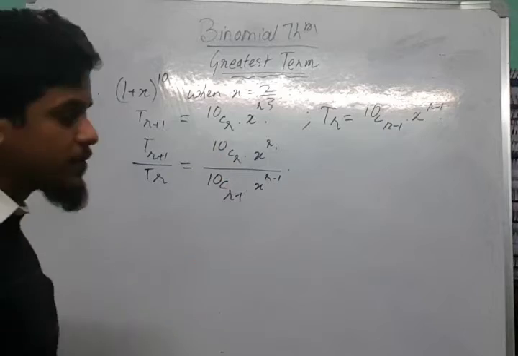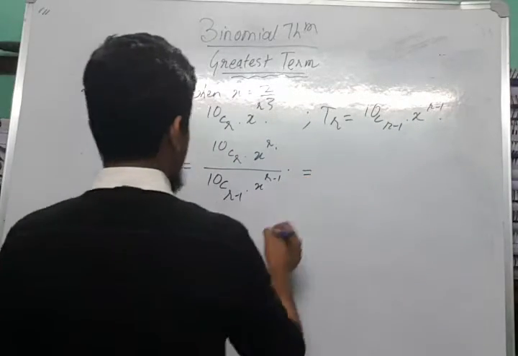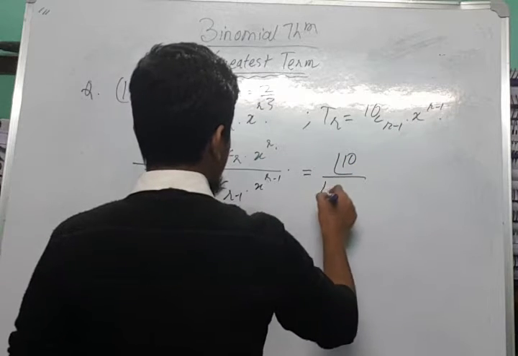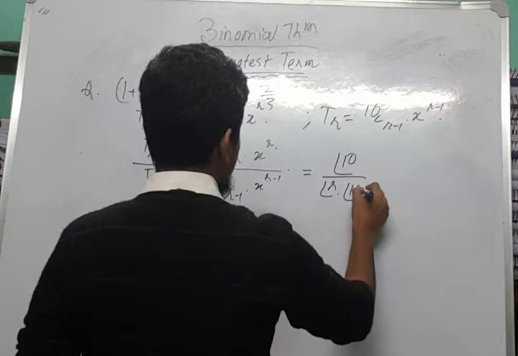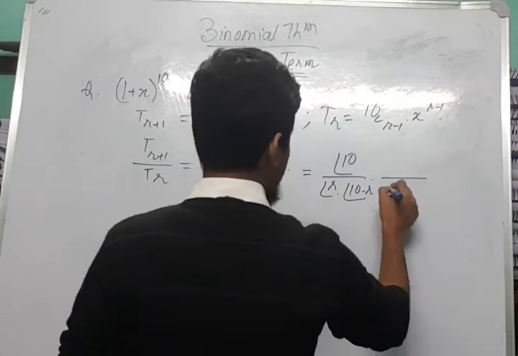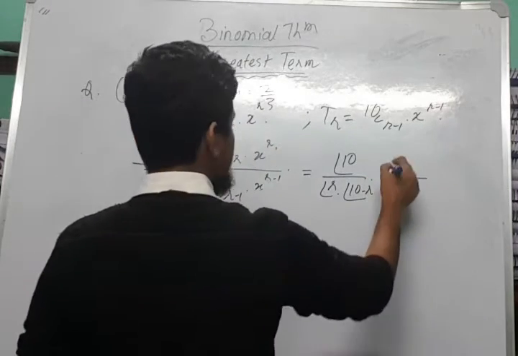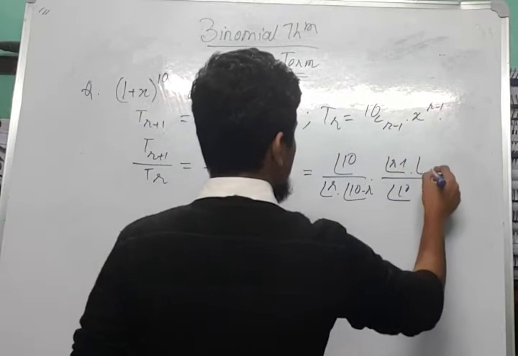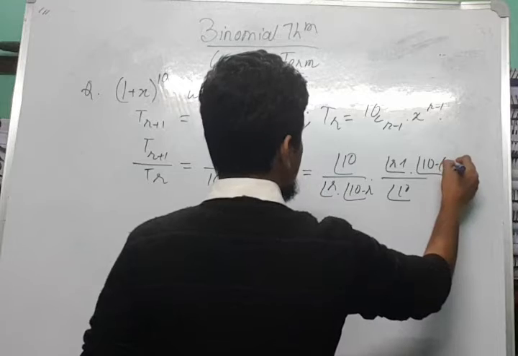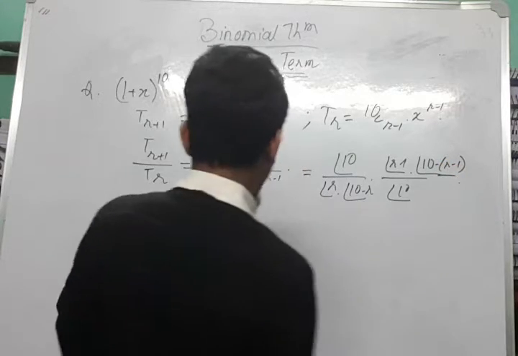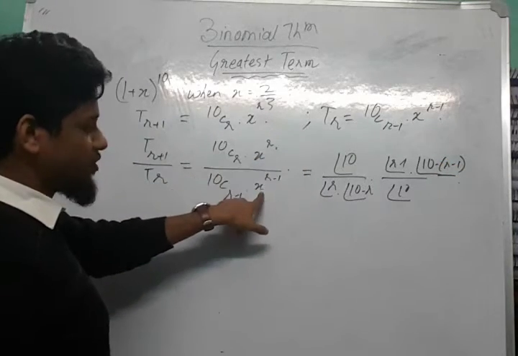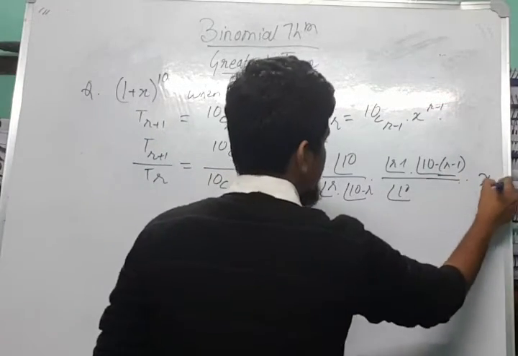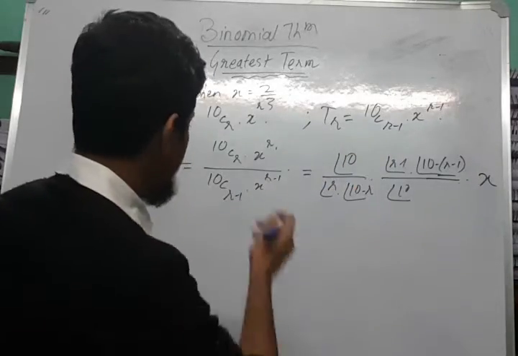As you can see, if we solve the structure, 10Cr will be equal to factorial 10 by factorial r into factorial (10 - r), and x^r and x^(r-1) will cancel out, leaving just x in the numerator.